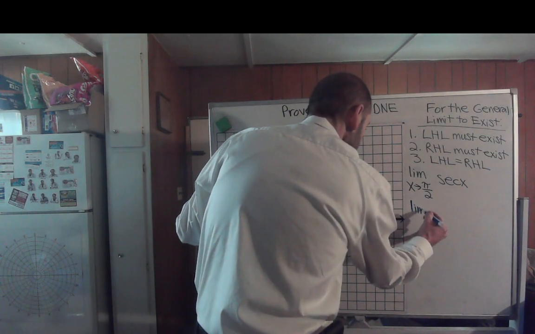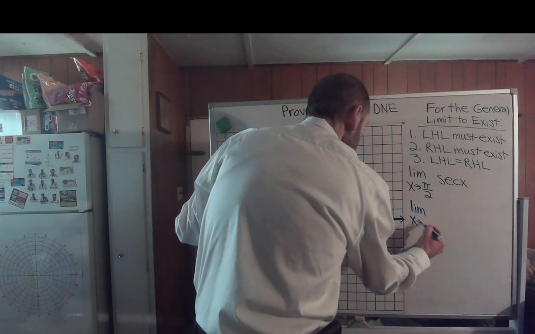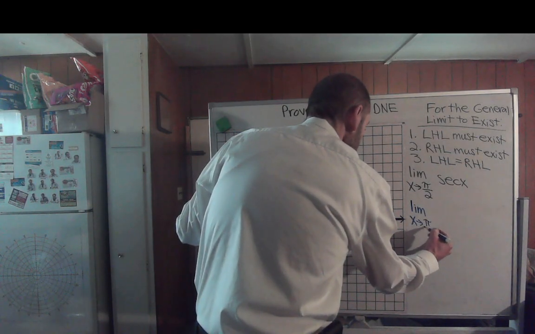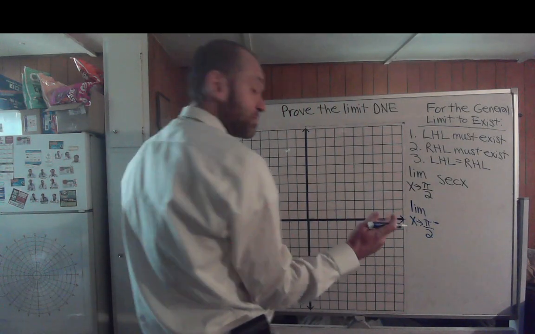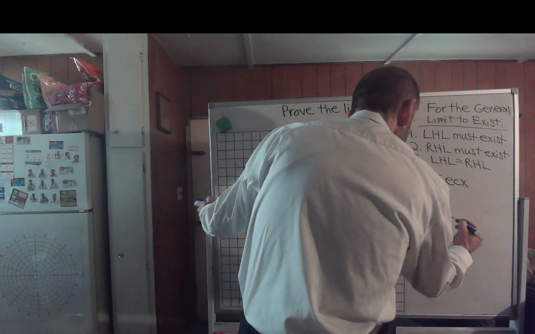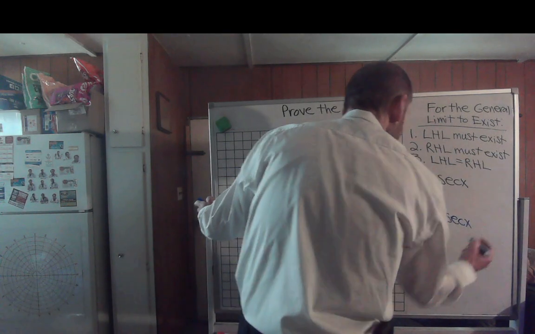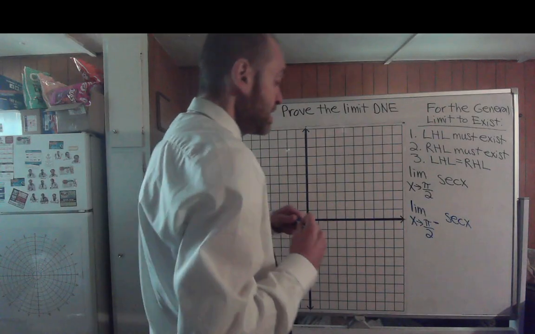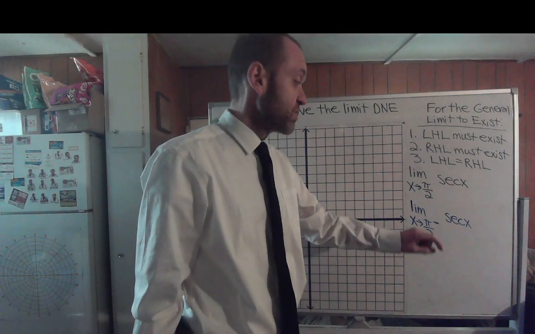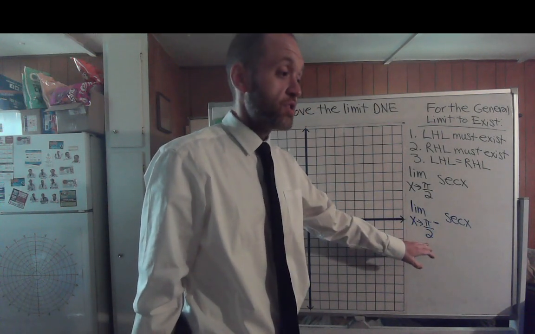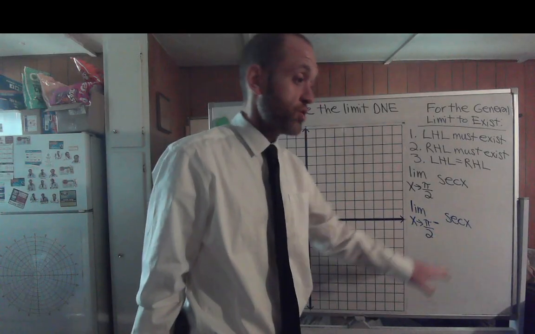Well, first thing you want to do, take the left-handed limit as x approaches pi over 2 from the left of the secant of x. Picture your graph. Pi over 2 from the left is going to be smaller than pi over 2, meaning it's in the first quadrant.